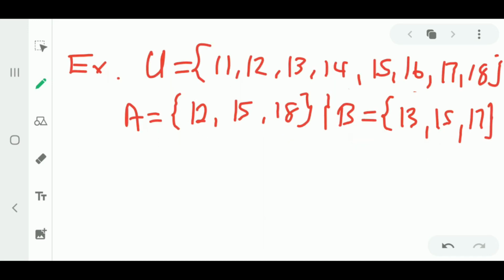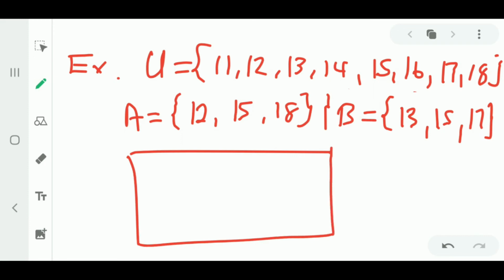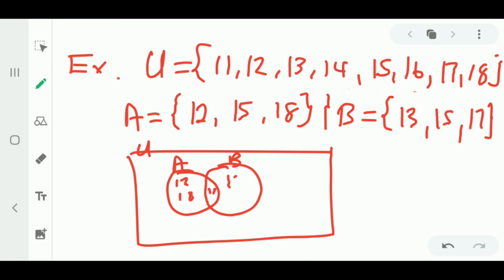And we want to find the union of A and B. So to represent the union, we would have A, B. In A, we have 12, 18. The intersection is 15. We have 13 and 17 here. And then we would have 11, 14, 16.